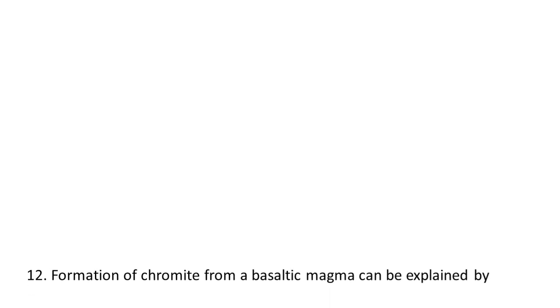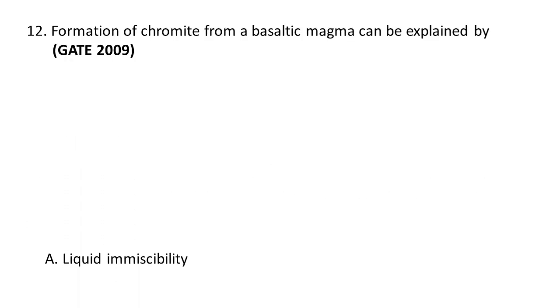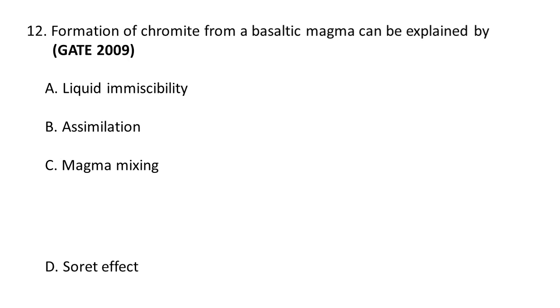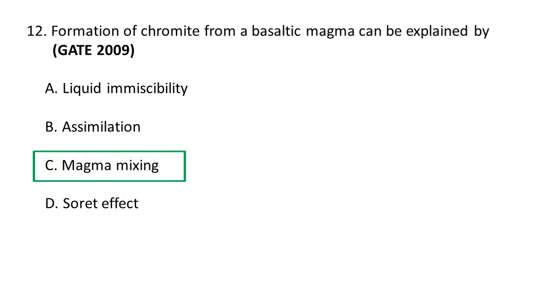Next question. Formation of chromite from a basaltic magma can be explained by A, liquid immiscibility, B, assimilation, C, magma mixing, and D, Soret effect. The formation of chromite from a basaltic magma can be explained by magma mixing.